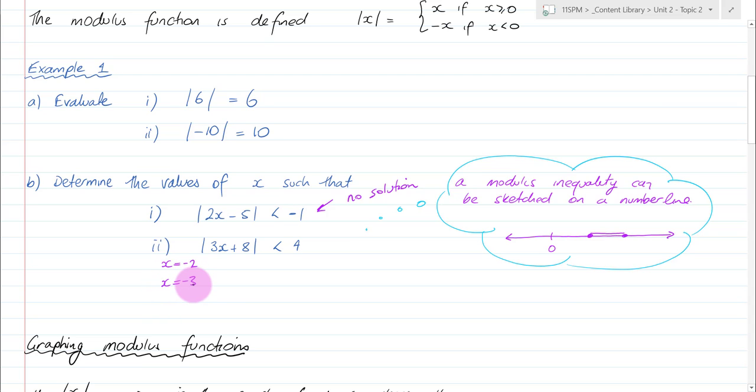Negative 3 gives us negative 9 plus 8 is negative 1. Modulus negative 1 is 1. So that works. Yep. Negative 4. Okay, negative 4 doesn't work.